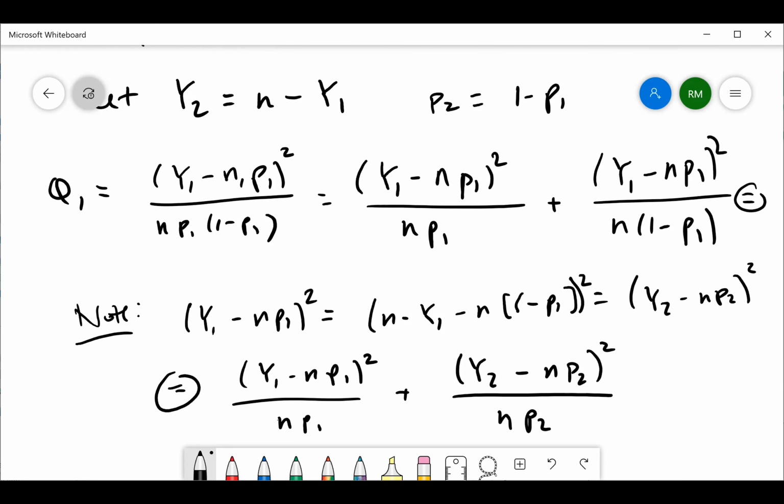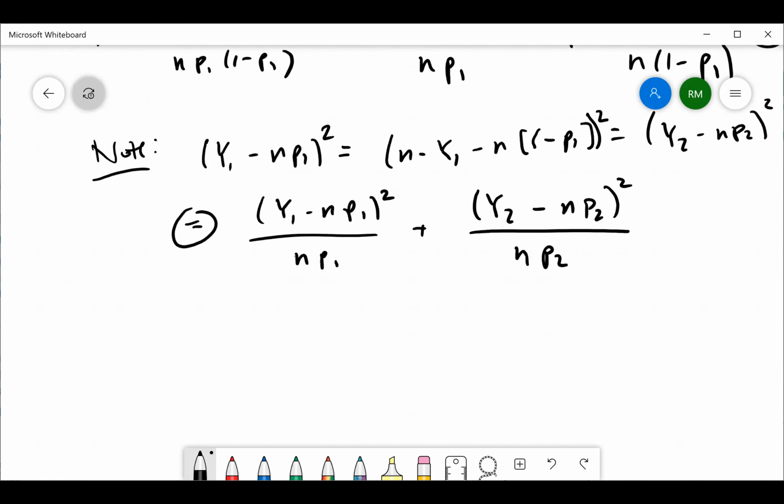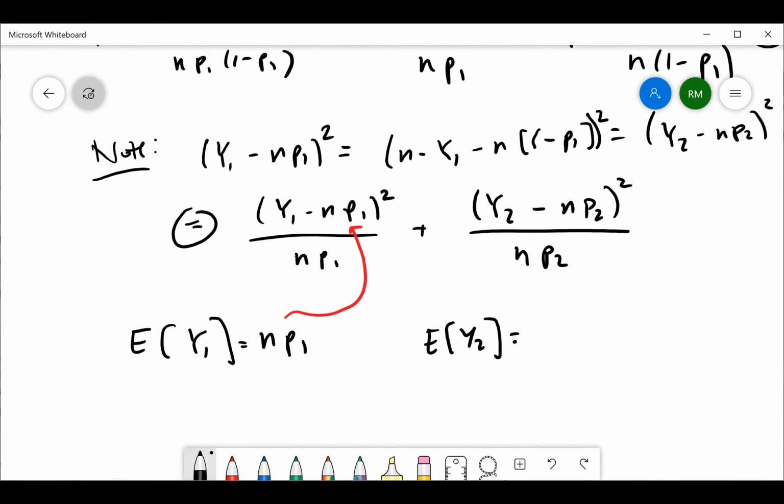What we notice is that the first numerator involves the expected value of y1. Well, we see that that part of it is appearing right here. And the expected value of y2 is n times p2, which we see right here.